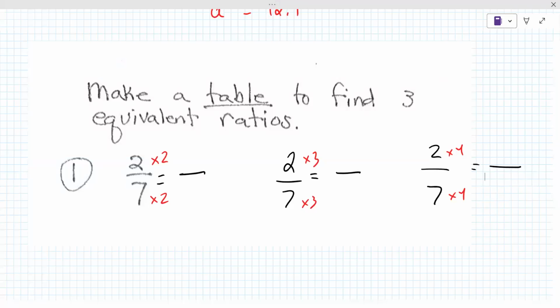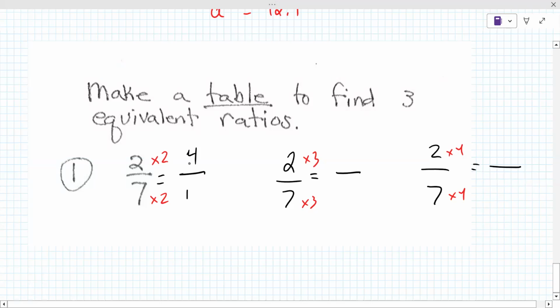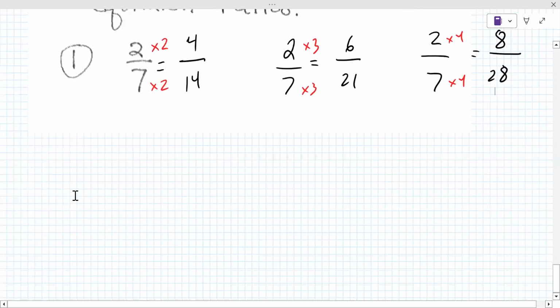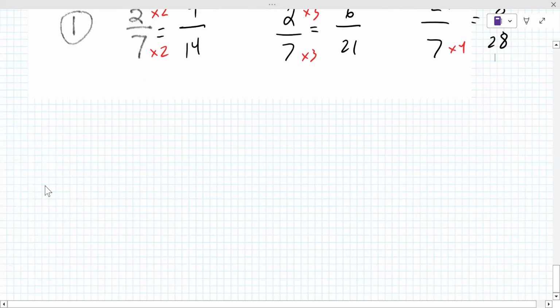It's a lot like the common denominator stuff that we're doing. And so 4 over 14, 6 over 21, and 8 over 28. Good. Yes, very good.